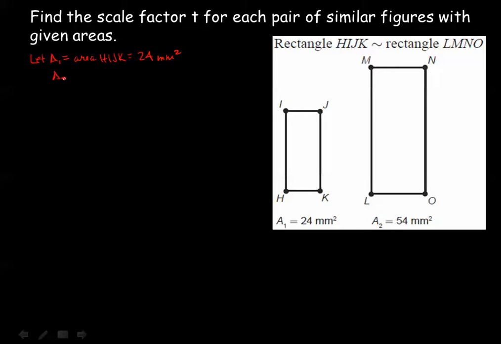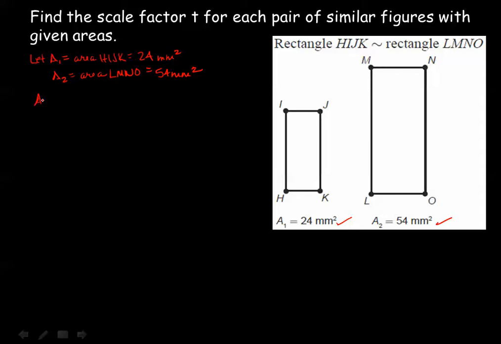We're going to let A2 equal the area of LMNO, which happens to be 54 millimeters squared. I'm getting that information right down here in the problem. It was already given to me.